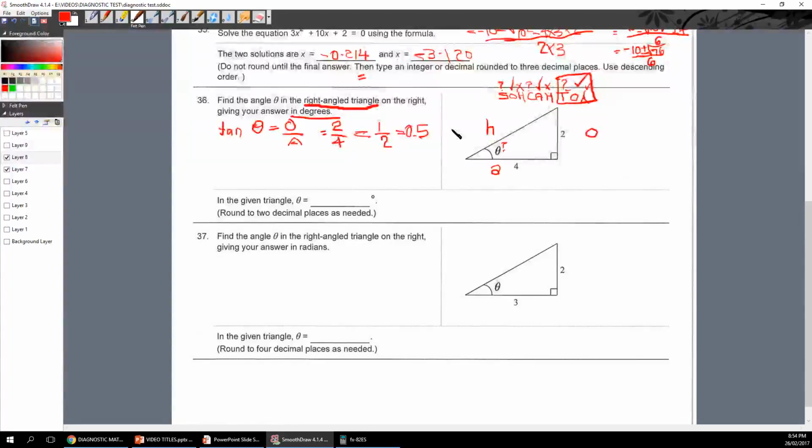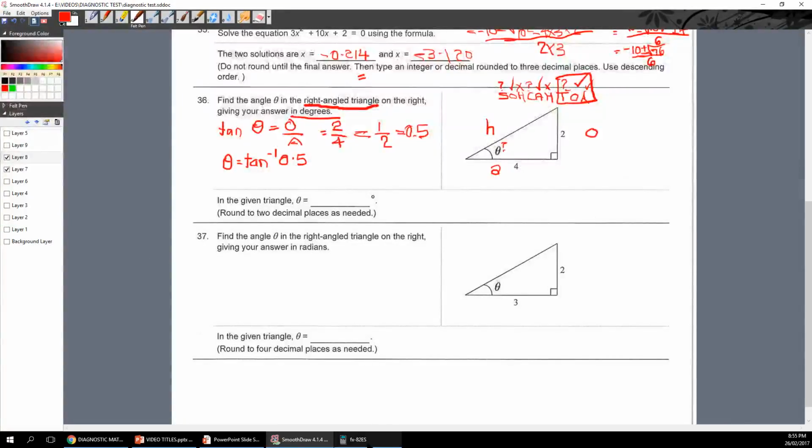Tan of an angle in degrees equals 0.5. So theta must equal tan to the -1, or the inverse tan, of 0.5. And we want theta to be in degrees.